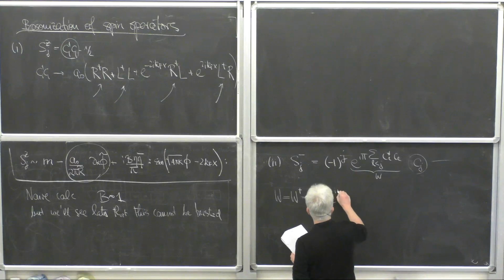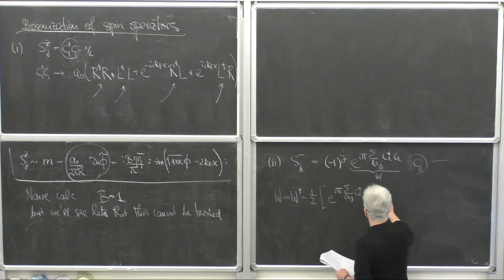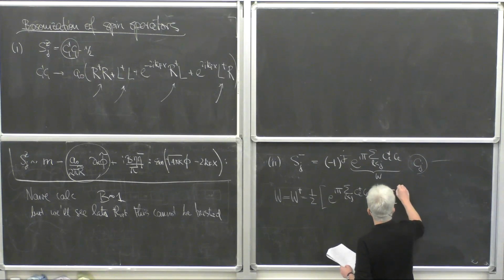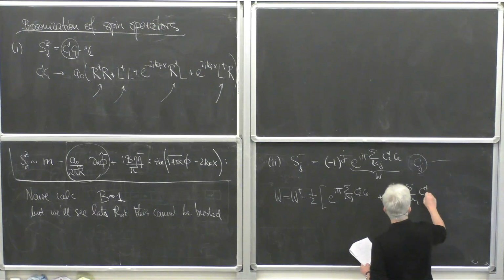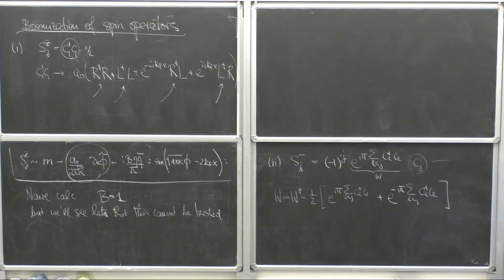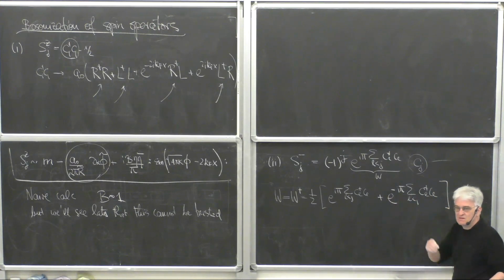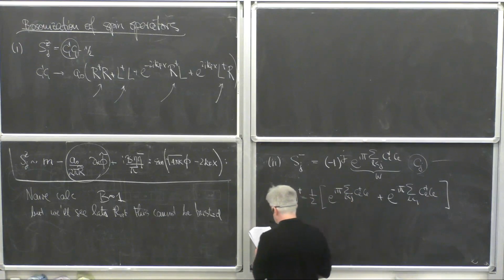So e to the i pi sum over l less than j of c dagger l c l, and then here I add the same with a minus. I haven't really done anything, but writing it in this way will avoid some confusion later.